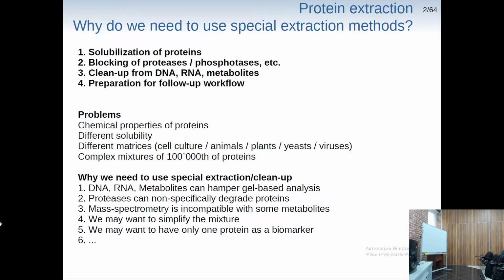Also, in gel electrophoresis, those long molecules, DNA and RNA, have charge and they are long, and they can just block our gel so proteins cannot enter it. We'll have a lot of proteins sitting at the bottom of our gel without being able to enter anywhere. So it would be nicer to clean our sample from RNA and DNA.